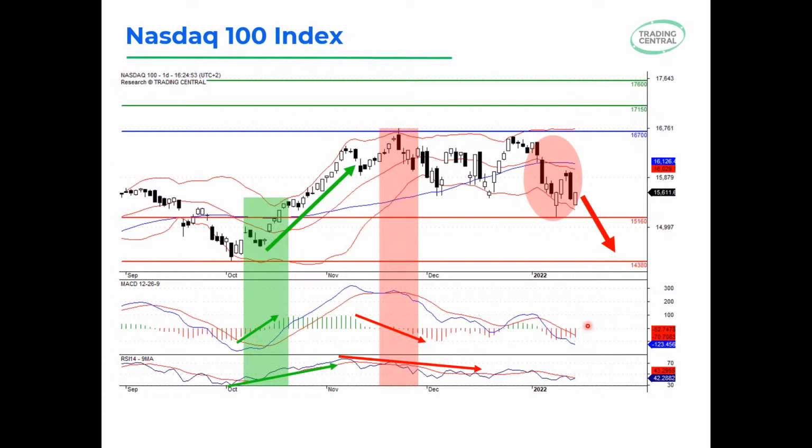Your job, if you still want to get into the market to buy some stock, maybe it is not time. Until we see the histogram coming up, becoming less negative, and until we see the RSI coming back to or above 50. Okay, this is the current situation.